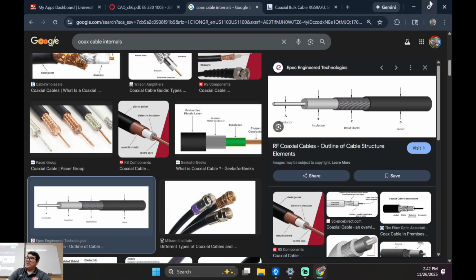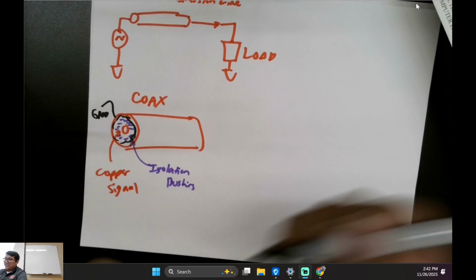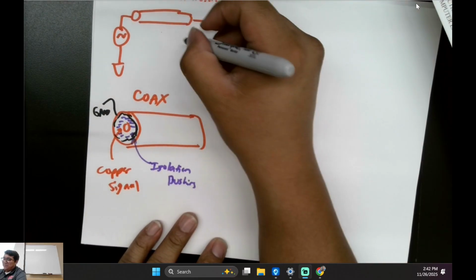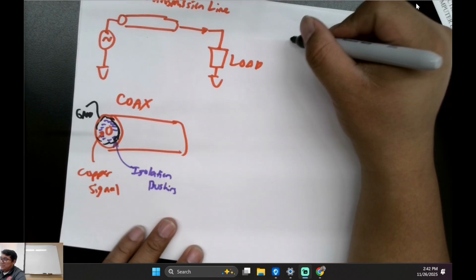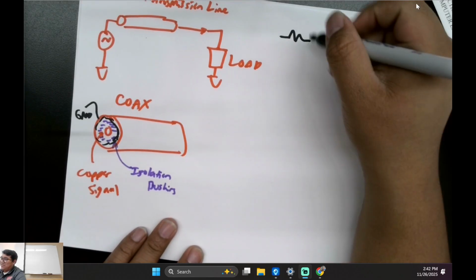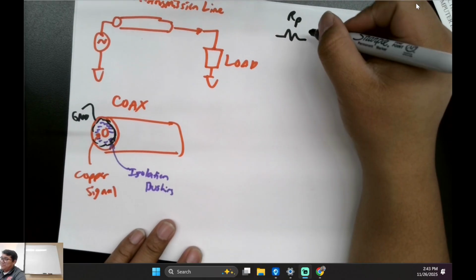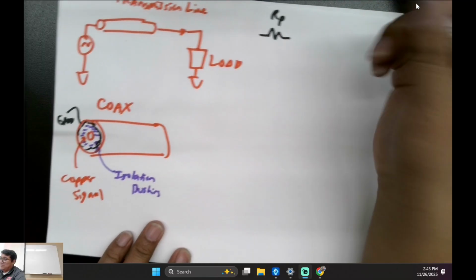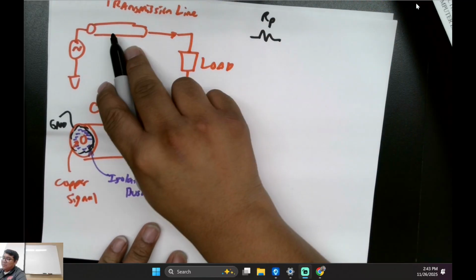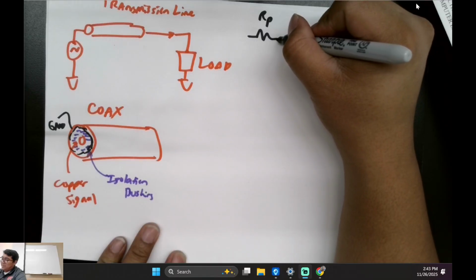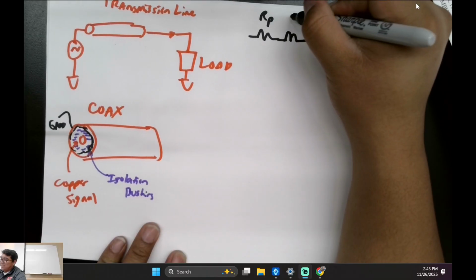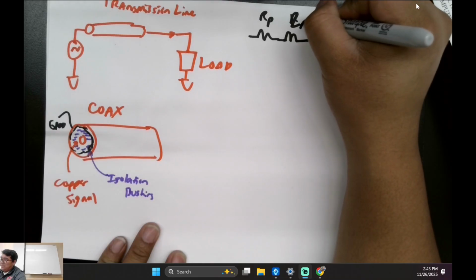So if you think about it, your transmission line consists of some resistors in there, some parasitic resistance. And transmission lines also have some type of inductance right here.